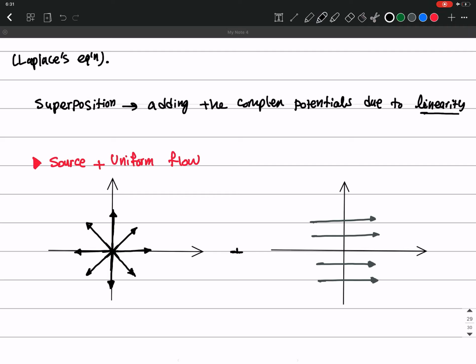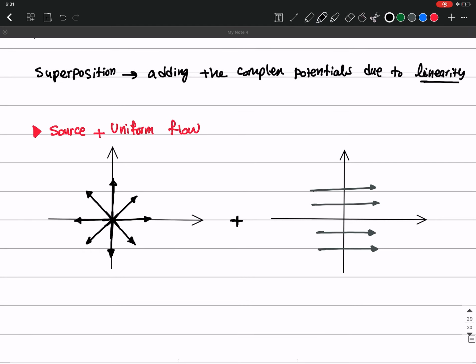So because of the linearity, we simply add these together. The complex potentials are linear, so we can add them together. The complex potential of a source flow, we learned, is m over 2 pi ln z. And for a uniform flow, the complex potential is uz.